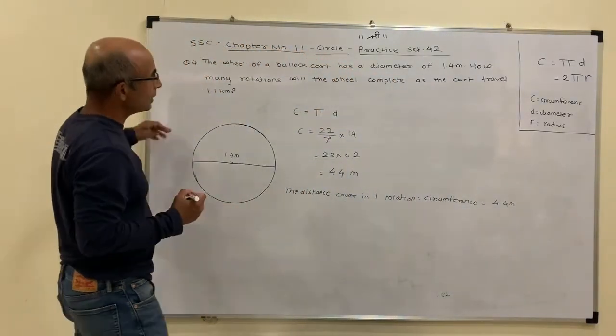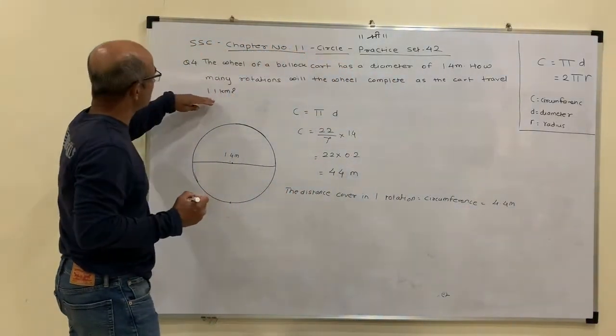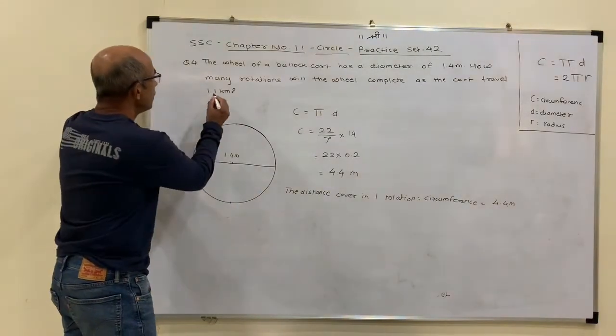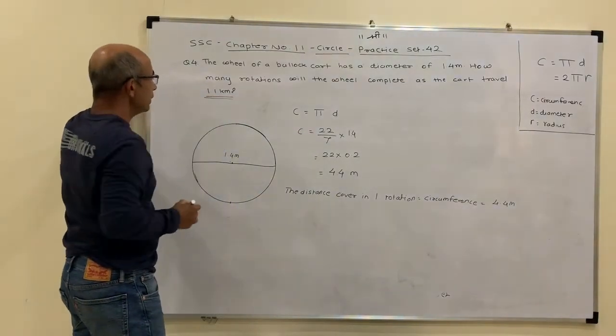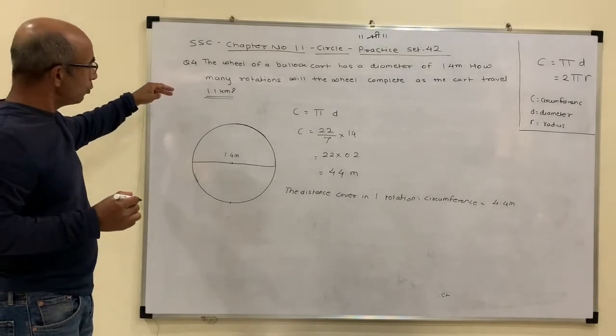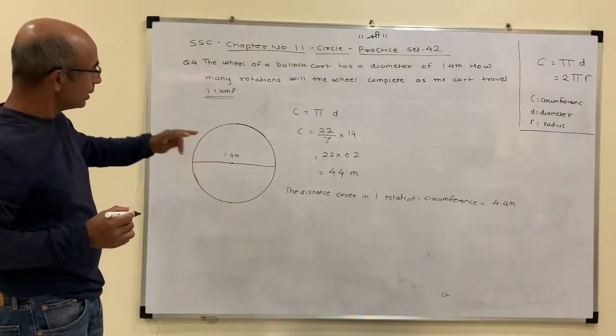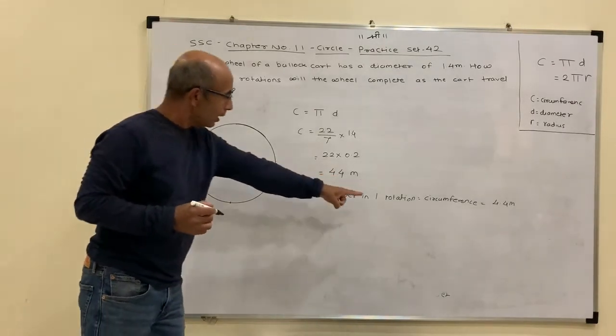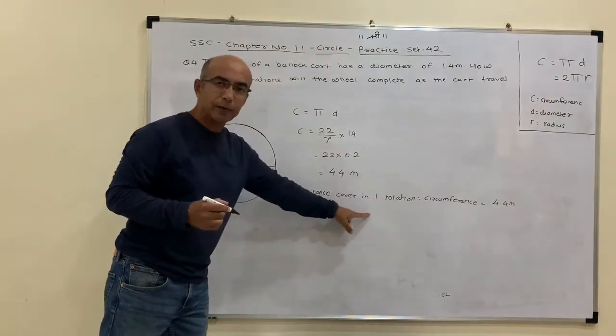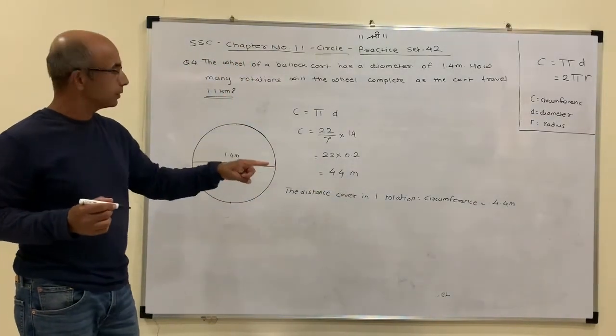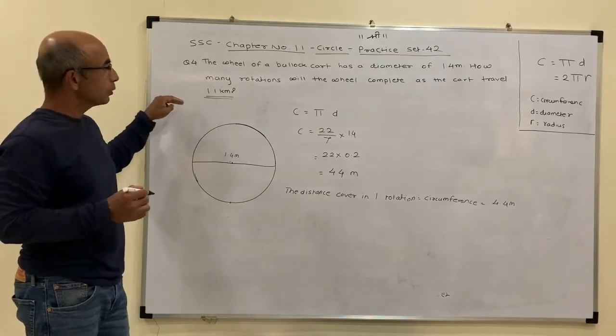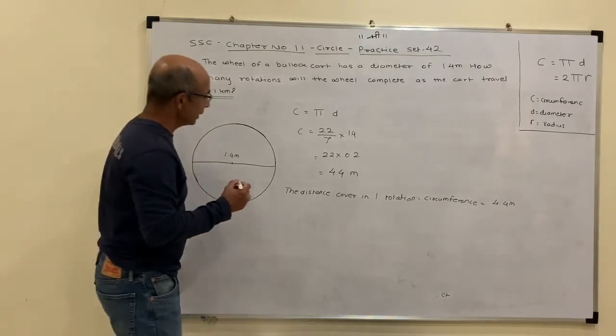Now, what is the distance it will cover? So, we need to find out in 1.1 kilometers. So, here we need to have both the units of measure similar. Since the distance covered in one rotation is in meters, we'll convert the total distance into meters.